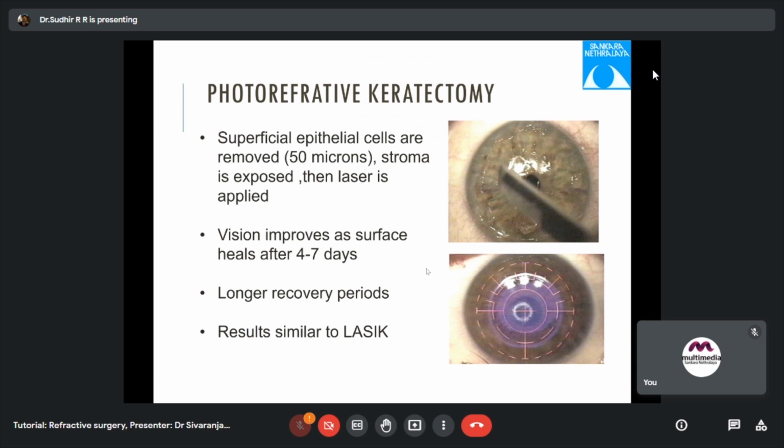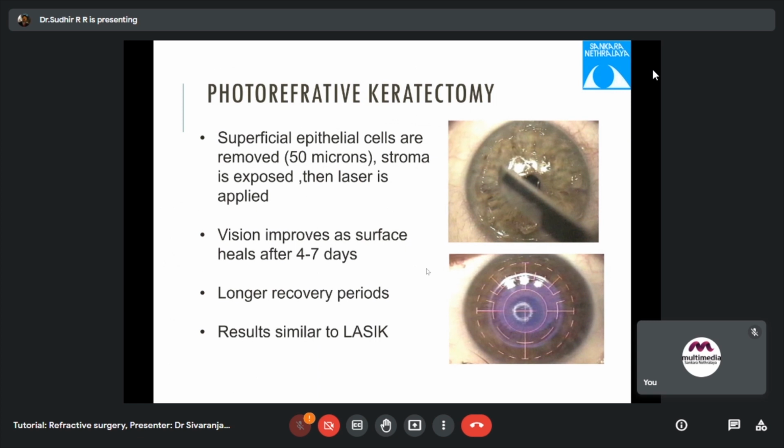So how do you reduce the scar? That's important with photorefractive keratectomy. What are the things we need to look into, to take precautions not to cause a scar? Mitomycin. Before that, the surface should be smooth. You should not damage this surface, and when you remove it, it should be even.